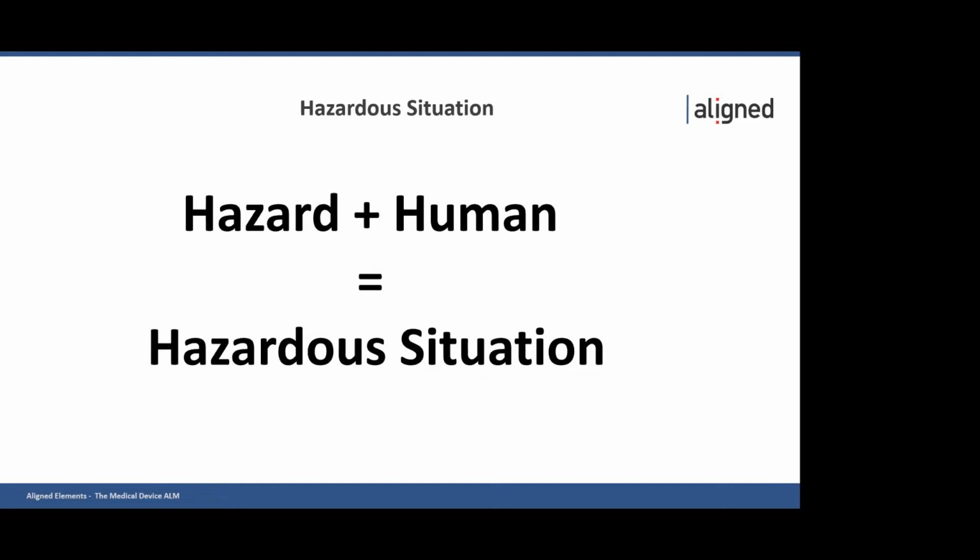I'm sure that many of you know this from ISO 14971: a hazardous situation is when a potential hazard and a human coincide in time and space. A hazard might be that there is fire, and that's fine as long as there is no human close to that fire. But as soon as a human in time and space coincides with that hazard, we've got ourselves a hazardous situation. Not necessarily a concrete harm, but that's how we can look at hazardous situations.